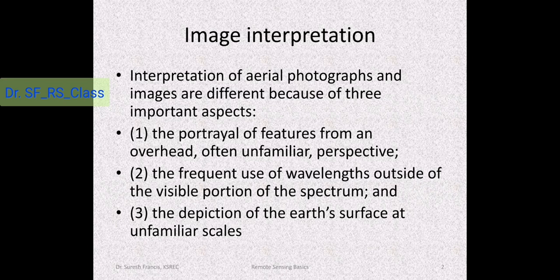All these things play an important role to create different mapping sizes of the objects, and the same object will look different in different scales. Spatial resolution plays a major role here, and the interpretation capability varies from small scales to larger scales.